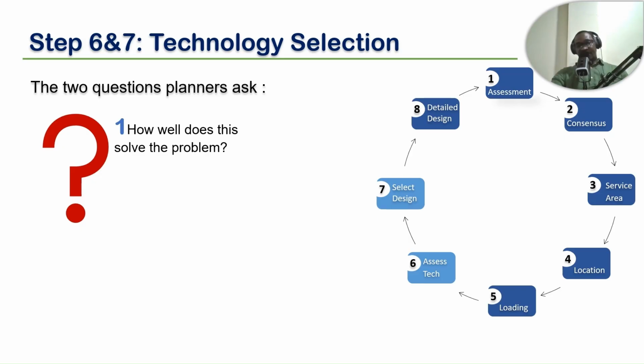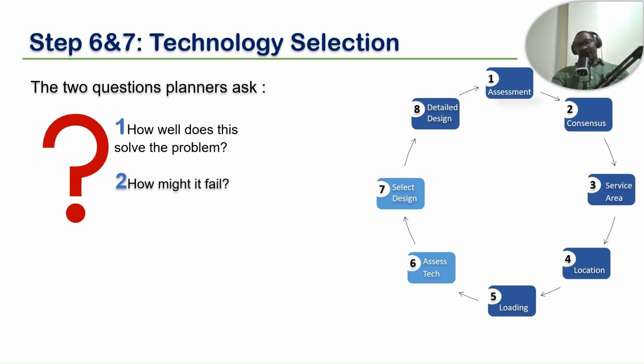So the technology that you're suggesting, how well will it solve the problem? If it's a fecal sludge treatment plant, do you go for one that is mechanized? Do you go for one that uses the sun, like the drying beds? Or you think you would opt for something that quickens the drying? So these are some of the things that you need to think about as a planner.